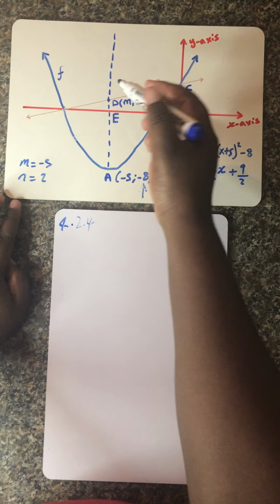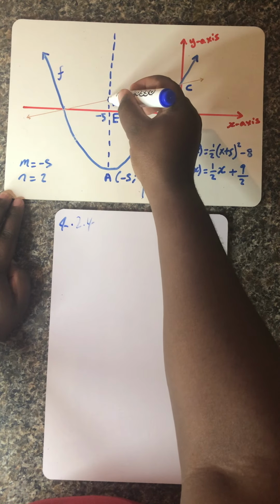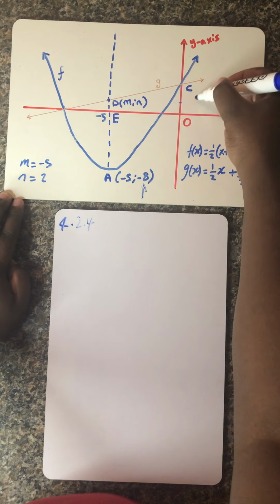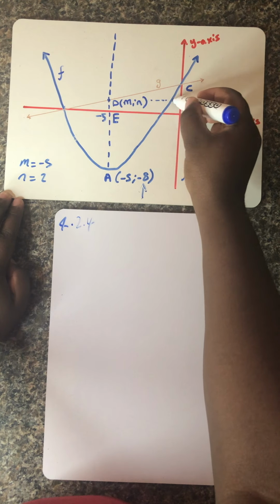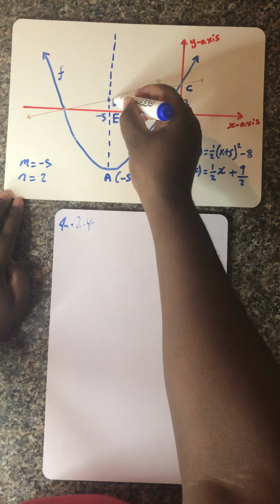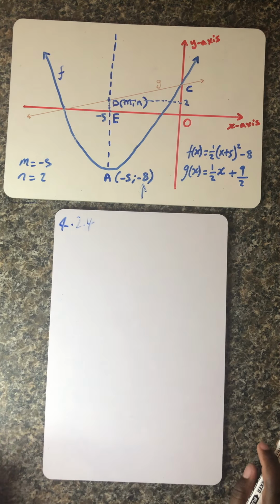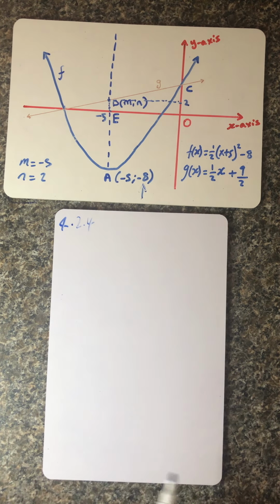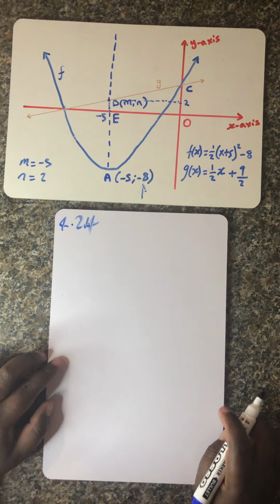That point, let me just say that point there, it's -5, and that point somewhere there, it's 2. And obviously that point there, it's -5. But what matters the most is that m is -5, n is 2. So now let's move to the next question.